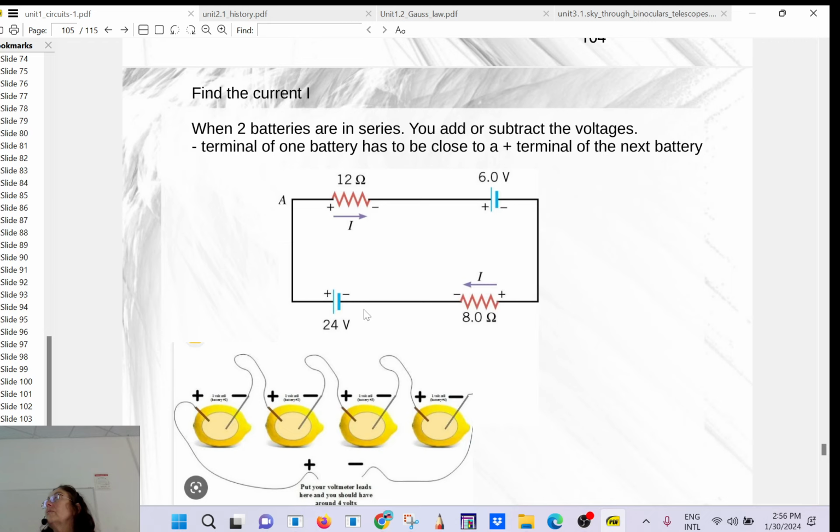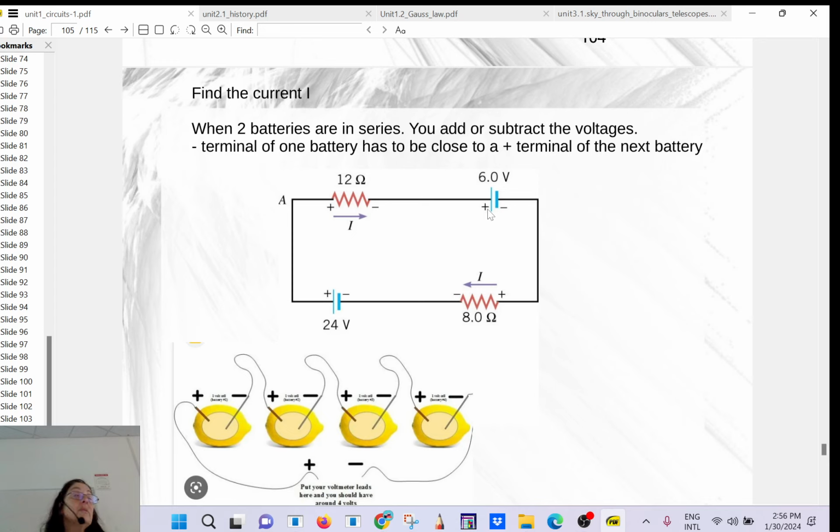So what do you think is going to happen? They're going to kill each other out. But this one is 24, this one is 6. So everything happens like you have a power supply of 18, right? 24 minus 6.